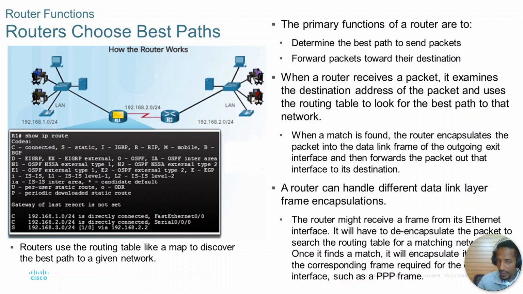The kind of packet that you send in this network is different from the kind of packet you send in here. That we call encapsulation. Whenever a router receives a message from one network, that message needs to be in the appropriate format to send it to the second router. It is just like when you go by car and when you go by plane, there are different ways that you travel. So the means of transportation is different when you are in the LAN and when you are in the WAN.